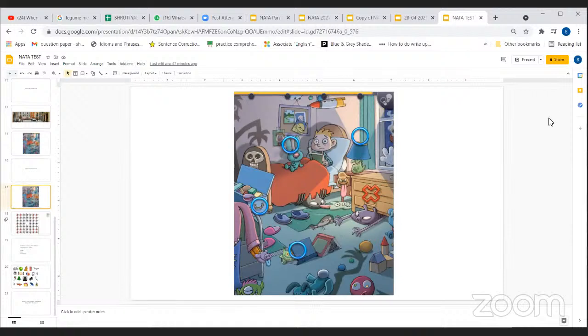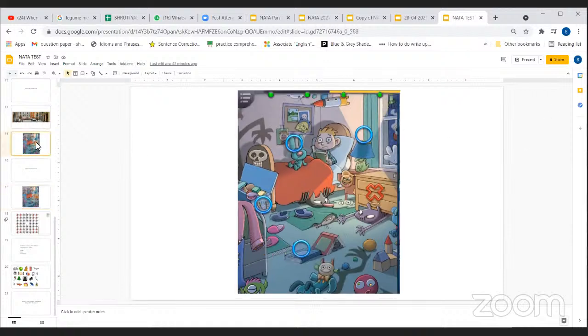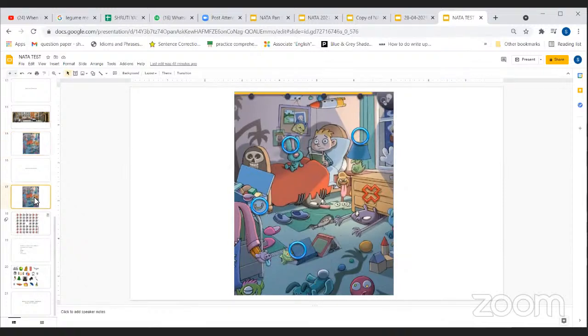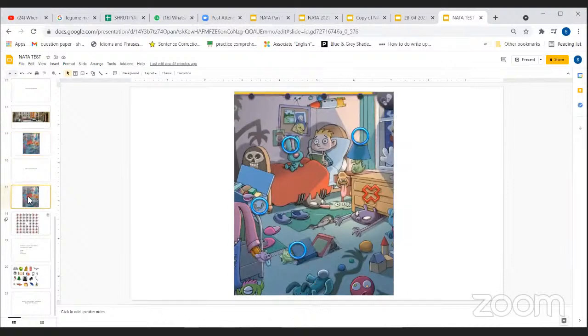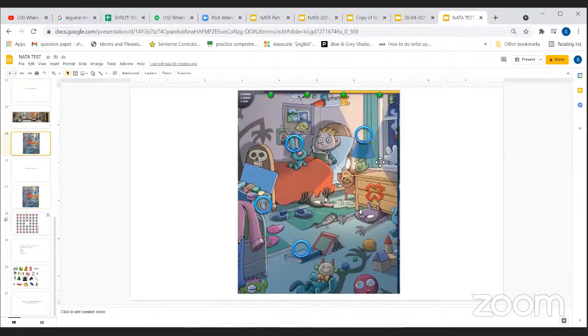Ma'am, can you show the picture again? Yes, the first one. Ma'am, the blue toy is different. Yeah, the head. So there is an extra head here. All right. I think we got all of them now.